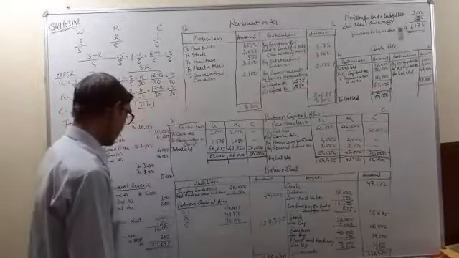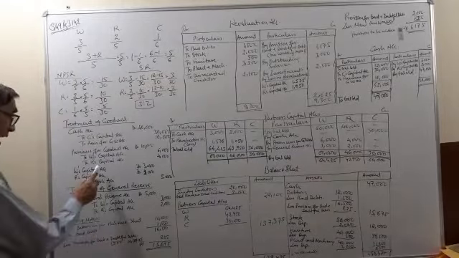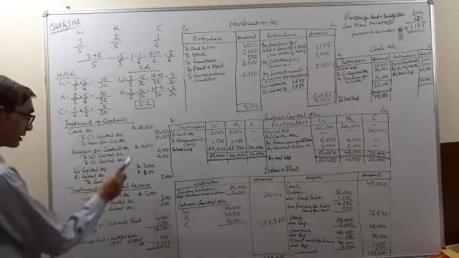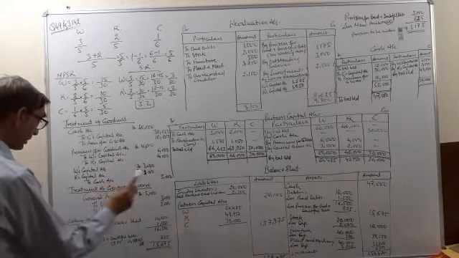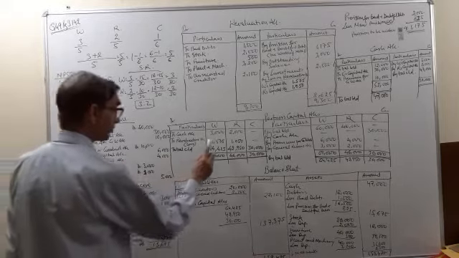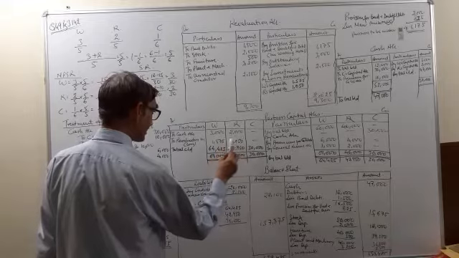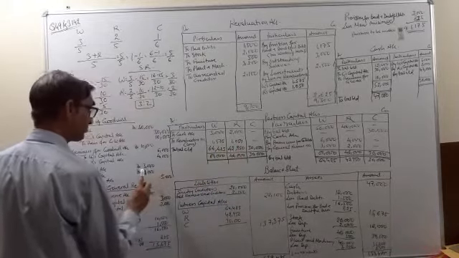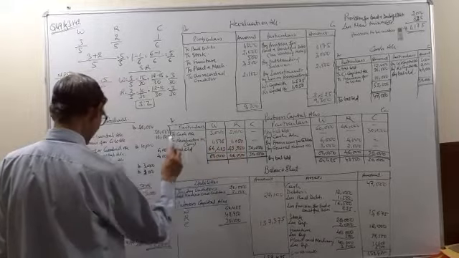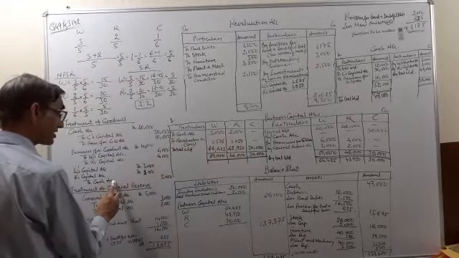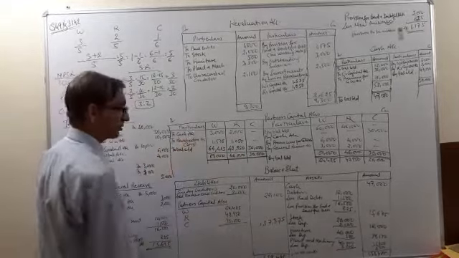So by general reserve, 3,000 and 2,000. It's clear? Then W and R have been debited for the withdrawal of the goodwill premium, 3,000 and 2,000, and cash account was credited. So here we will write to cash account.